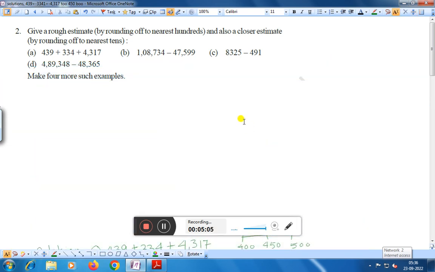Now question number A. Now we'll do it by closer estimate by rounding off nearest 10. Now this is the solution.